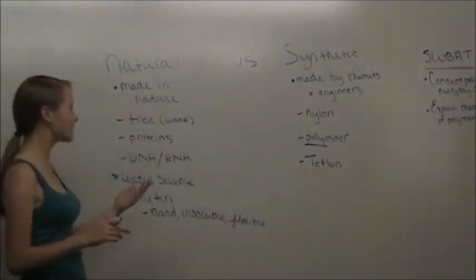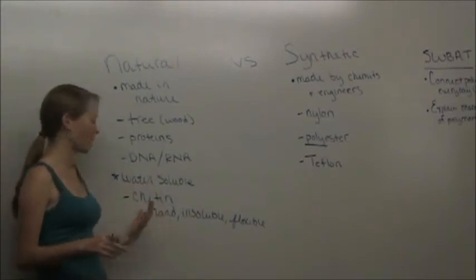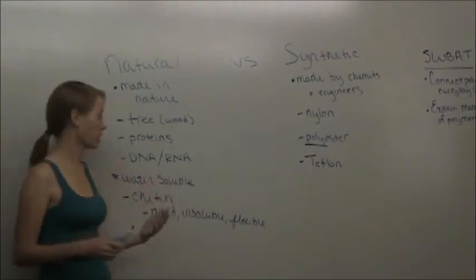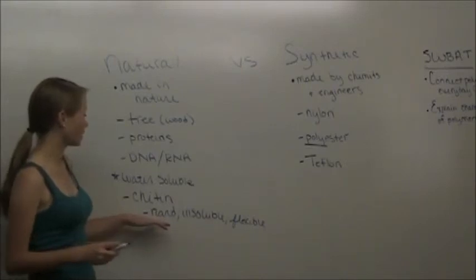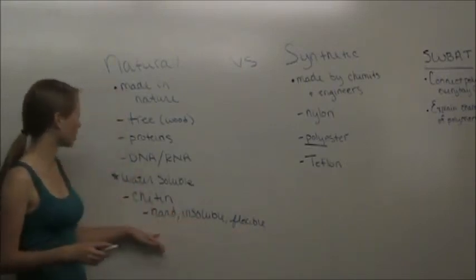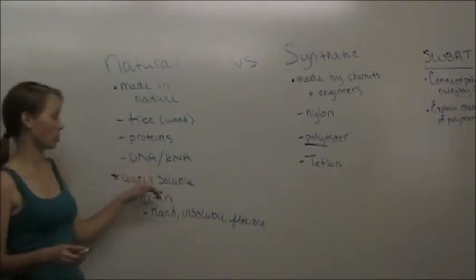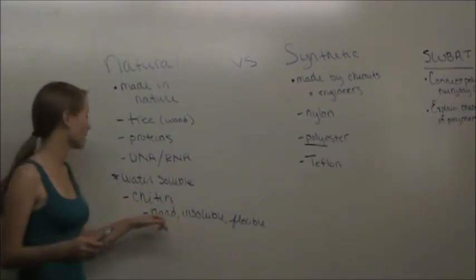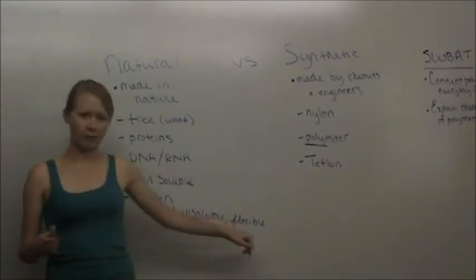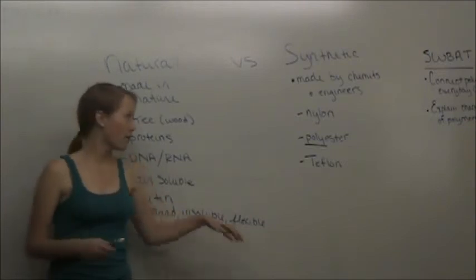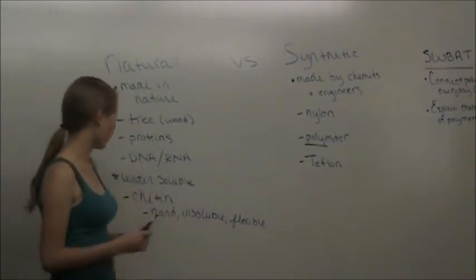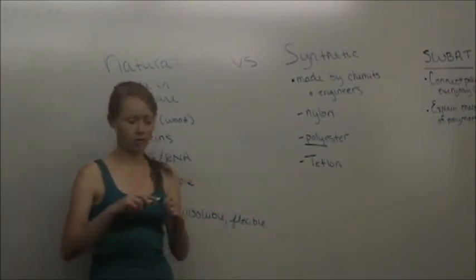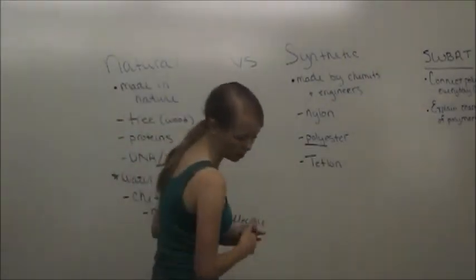So we have scientists and engineers working with this polymer because it has these three characteristics. It's not water soluble, it's insoluble, and it's hard yet flexible. So they're trying to make a synthetic product of this natural polymer.